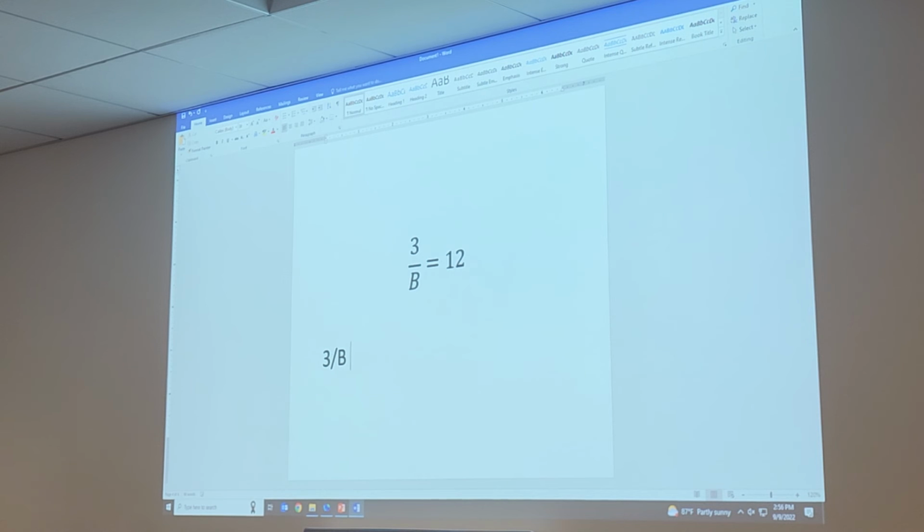So here we need a times B, and then over here we need to times B. Right, so divided by B times B, they cancel. And now we have 3 equals 12 times B. Right, and then to get B by itself, then over here we divide by 12, over here we divide by 12. Right. 1 over 4.